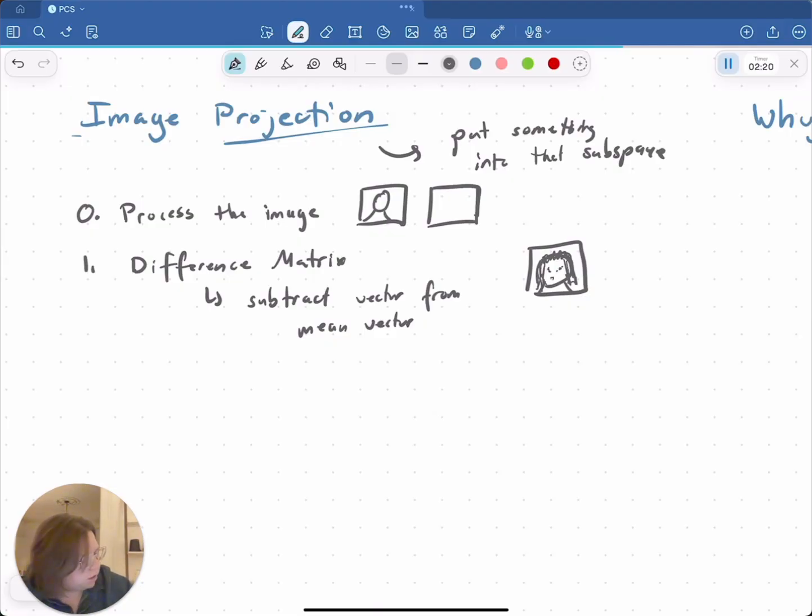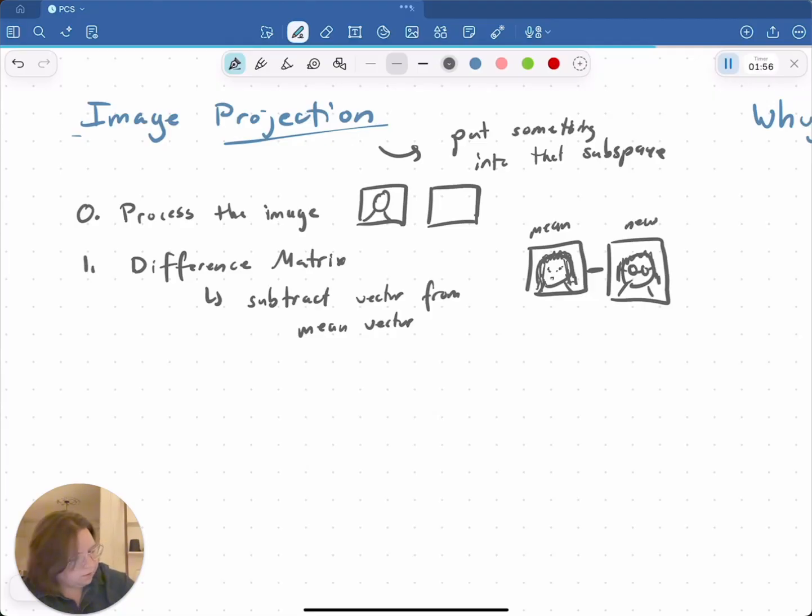And then if we're wanting to project a new image into the space, say an image such as myself, where we've got a face, we've got glasses. Those are scary glasses, but that's all right. And short hair, we're going to subtract those from each other. The mean, and this is our new.